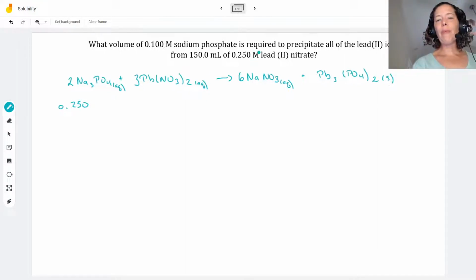Now remember, molarity, I'll just maybe put this up here in a different color. Molarity equals moles of solute over liters of solution, just as a reminder, because I'm going to use this. So instead of writing capital M here for molarity, I'm going to go ahead and break it apart. So this is moles of my lead-2 nitrate.